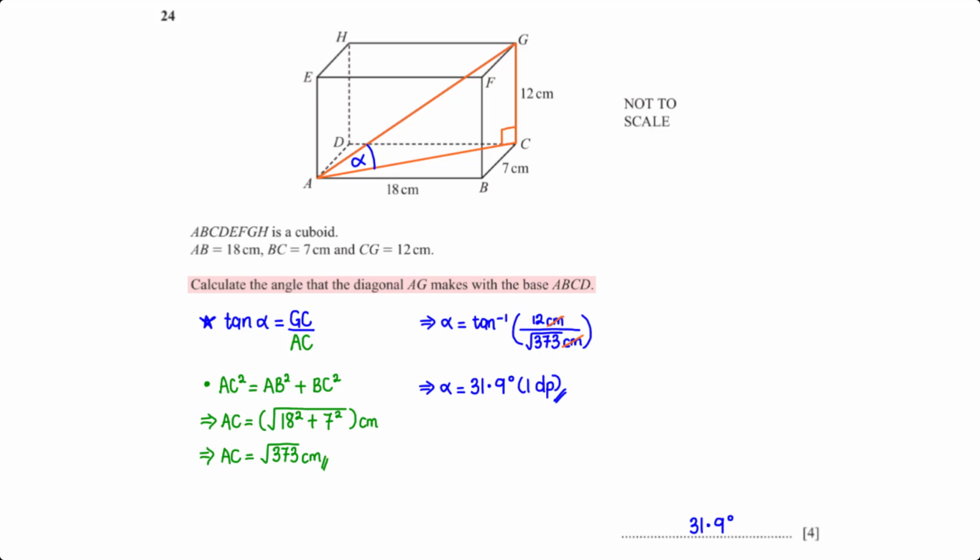Now that we know the length of AC, when we make alpha the subject of the equation and plug in the lengths of GC and AC, this is what we have. When we type this into the calculator, we get 31.9 degrees rounded to 1 decimal place.